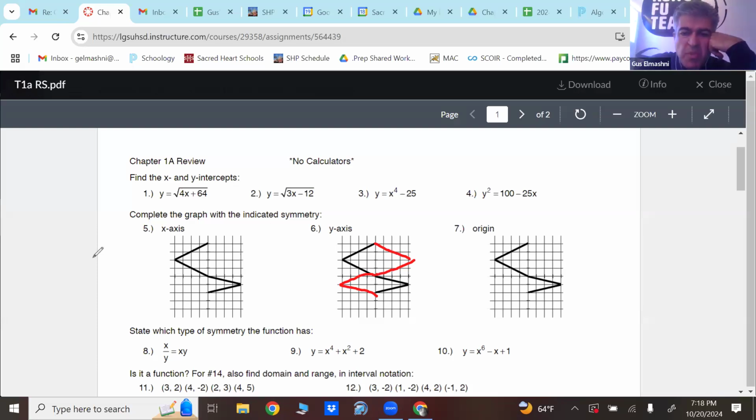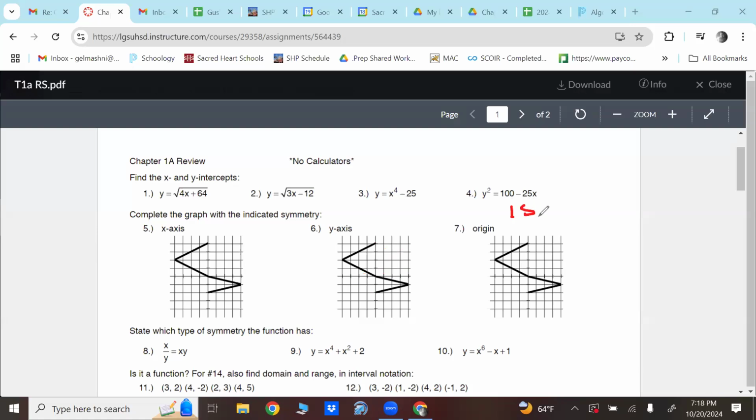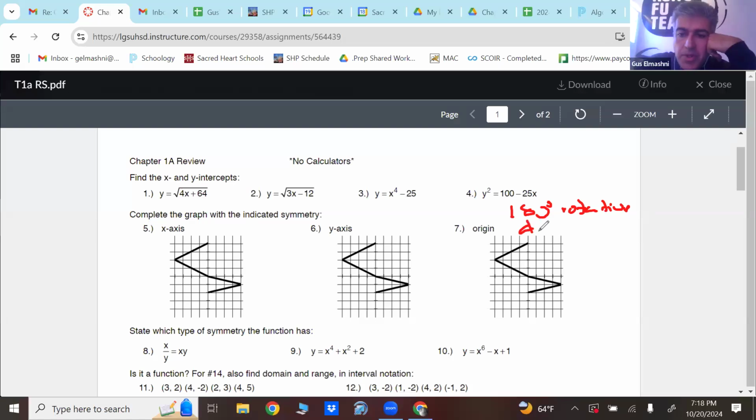Then origin symmetry is a rotation about the origin. The origin is kind of like the pivot point. So the x and y values both change sign.